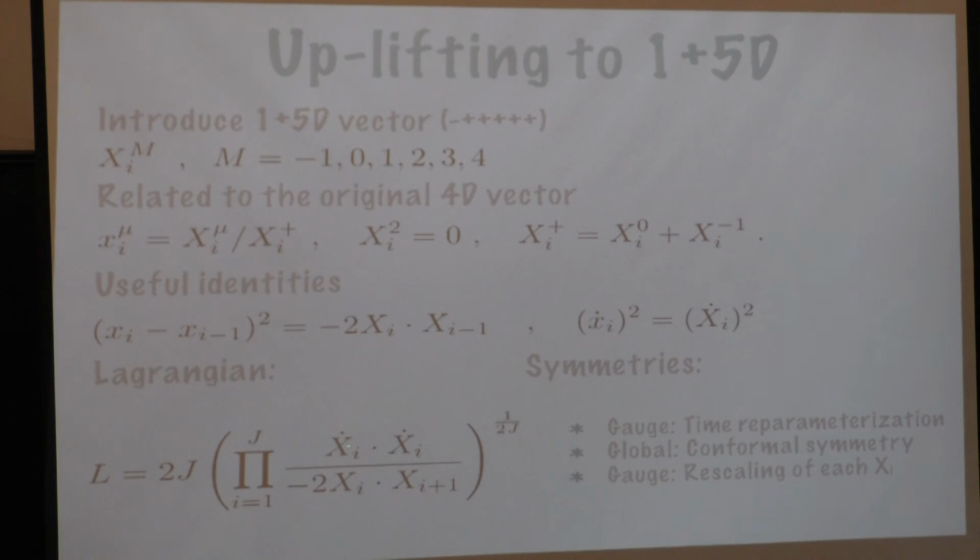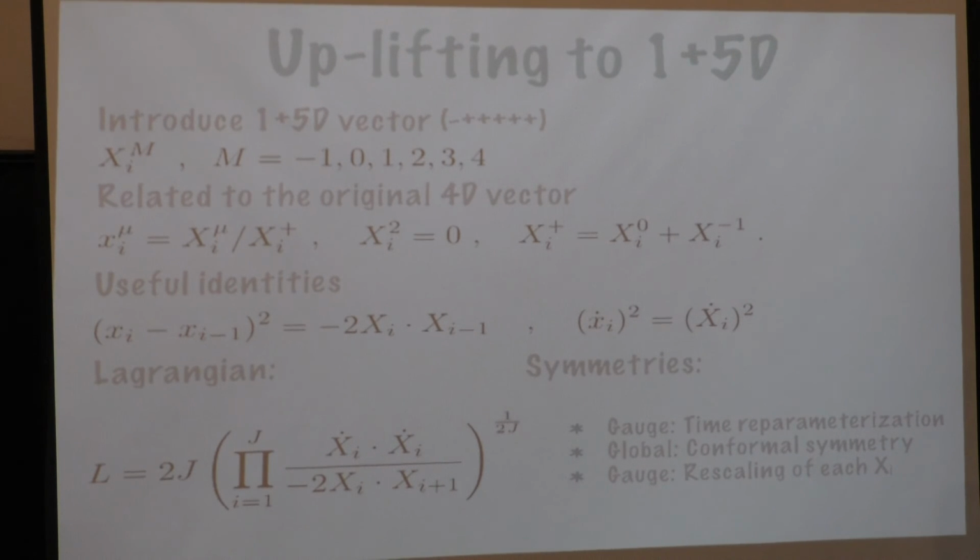But we got a new symmetry. We can rescale each x with an arbitrary function of time independently, so xi goes to fi xi. Why is that? Because x squared is 0, which means that x dot is 0. So if you change x to f times x, you must pull this f outside.